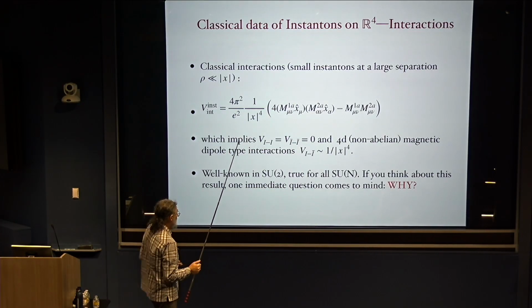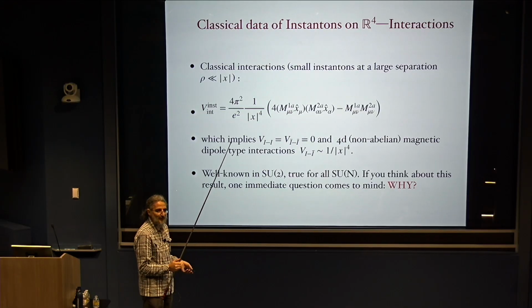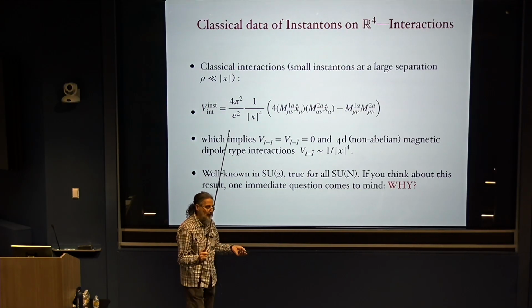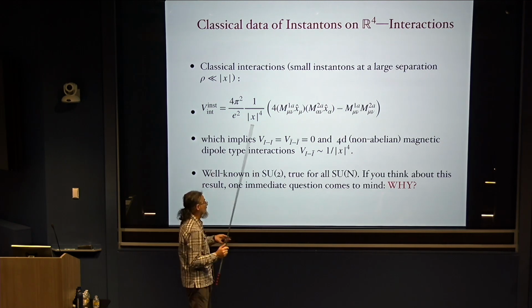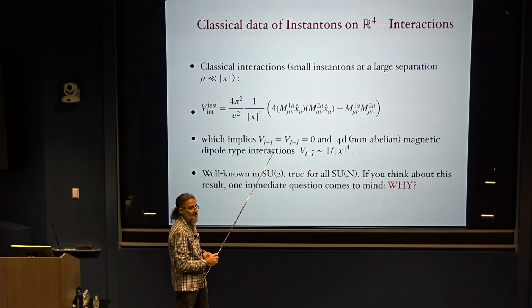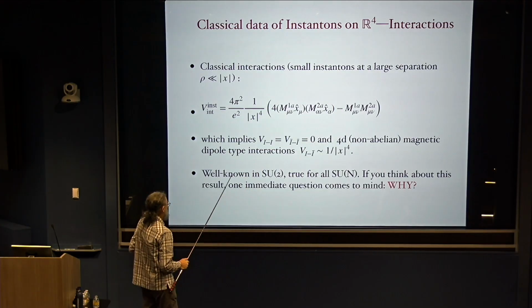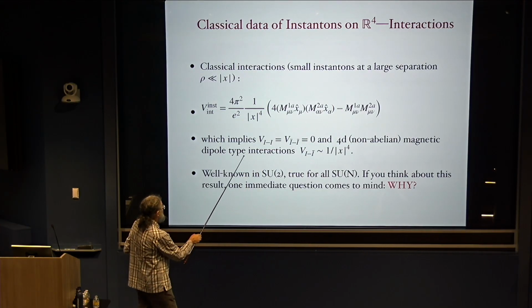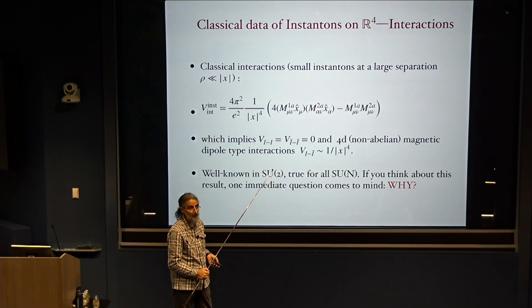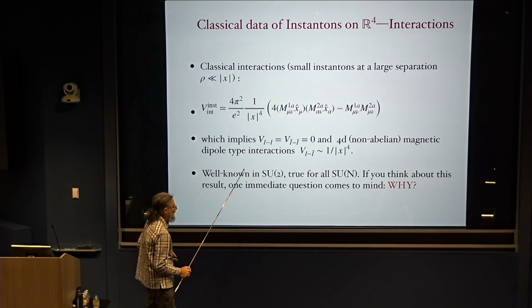That is, to my mind, very curious. This was first derived in the paper I mentioned, by Callan, Gross, and maybe Dashen. And in general, this formula is also true for SU(N) in all cases of N.